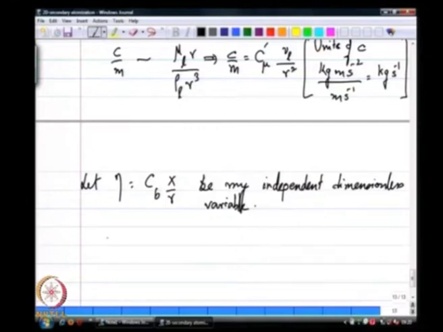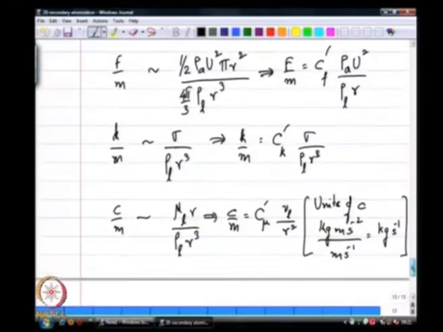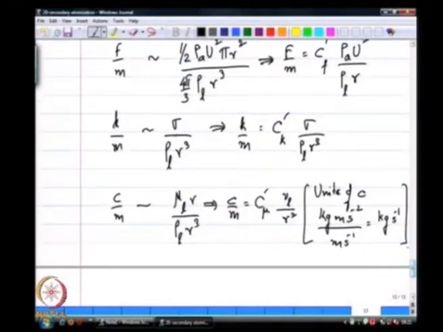So, I can effectively take my equation and non-dimensionalize this whole thing in terms of eta, and replace the F by m, K by m and C by m with these values, which are C F, C K and C mu.